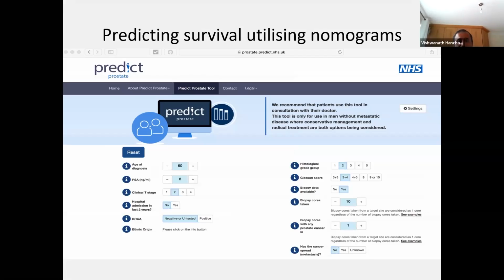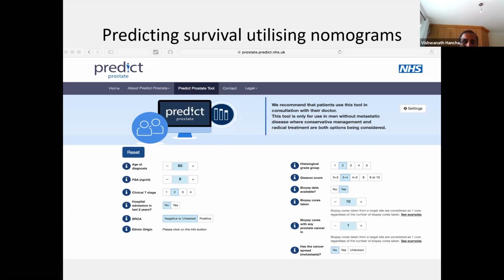If you look at the tools, I routinely use the PREDICT tool. This is a reasonably established tool where you can add all the parameters, including the age, the PSA, T stage, and whether they have a BRCA gene, though the ethnic origin is yet to be included.